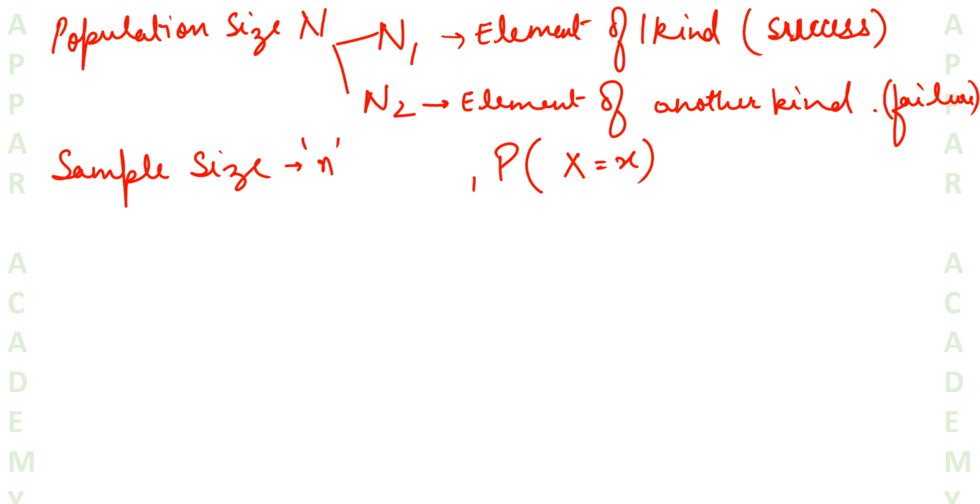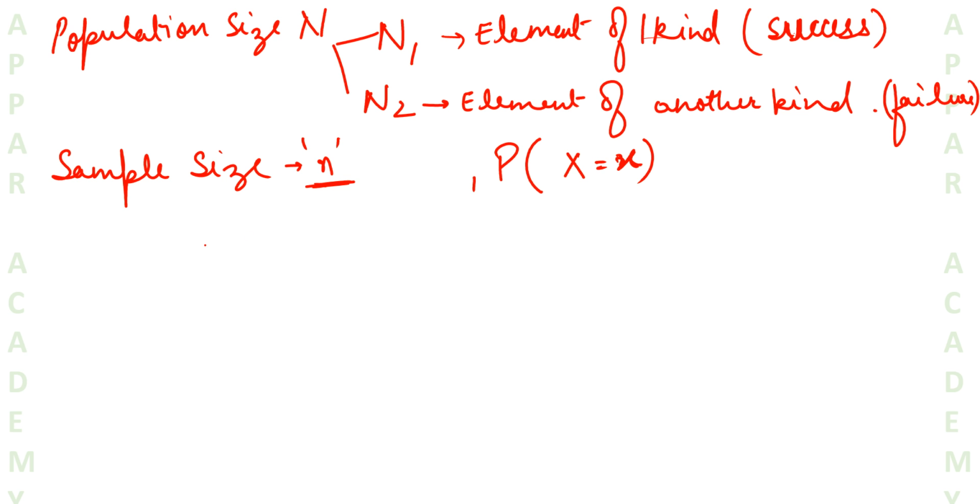That is, when I'm picking up n balls from this capital N, from my entire population, when I'm picking a sample of these small n elements, what is the probability that elements of one kind are x? So basically I'm saying that I'm getting x elements out of these n1. So what is the probability that x elements be chosen out of n1?